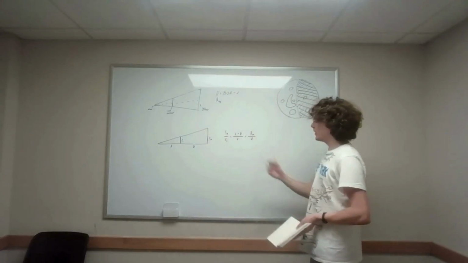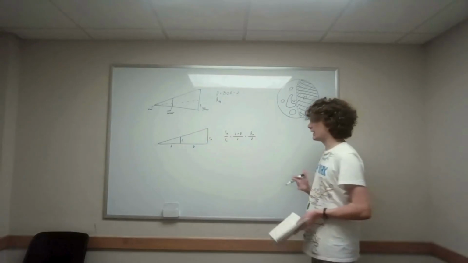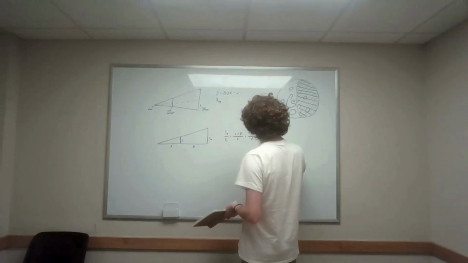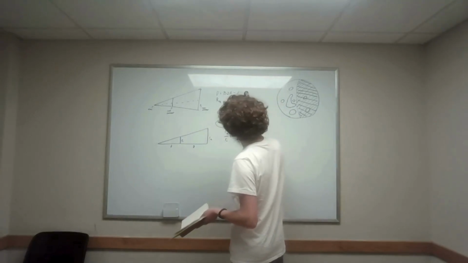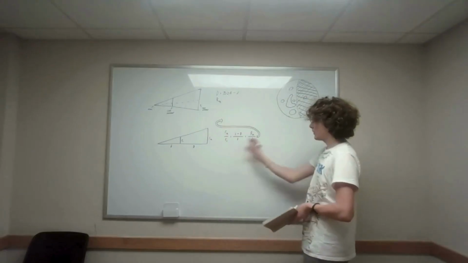And then we're going to solve for RC because we want to know the radius of the coin, because all these other things are knowns. Here we go. So we're going to cross multiply.